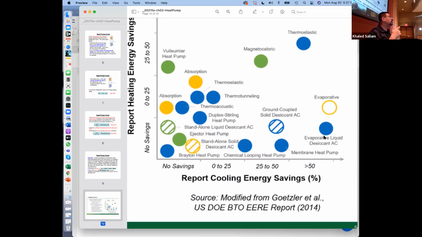Some people say 40% of the energy we spend in the USA is transportation and 40% more or less is heating and cooling. That's where we spend our energy. The industry is taking 20% or so, but we spend a lot of energy cooling and heating our homes and residential places. So imagine a 1% increase: how much energy we are using in the USA, and the world, of course, right?